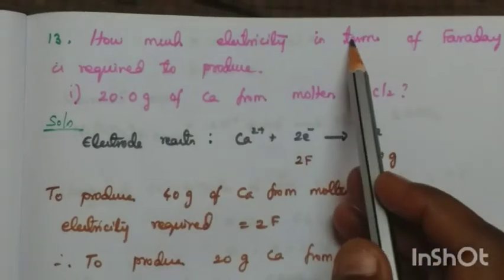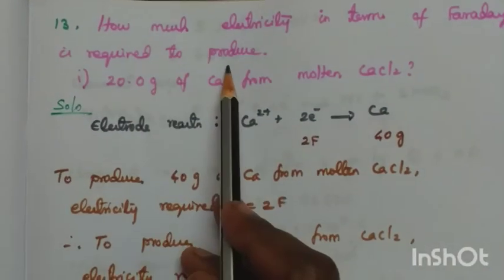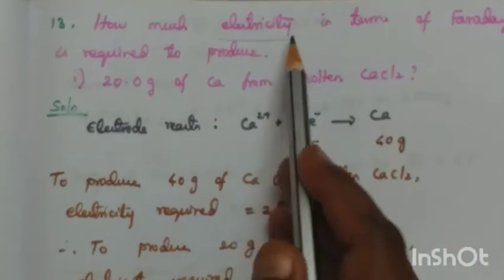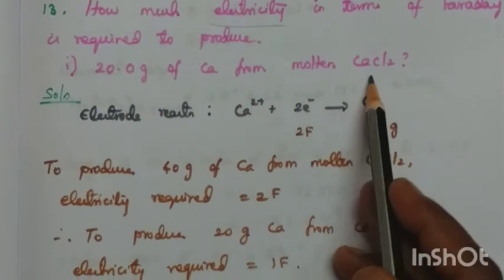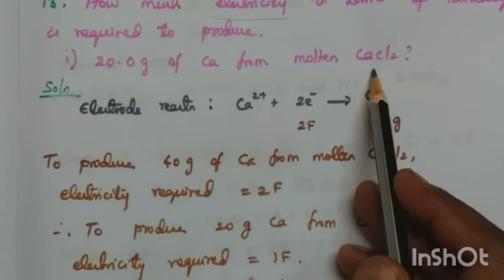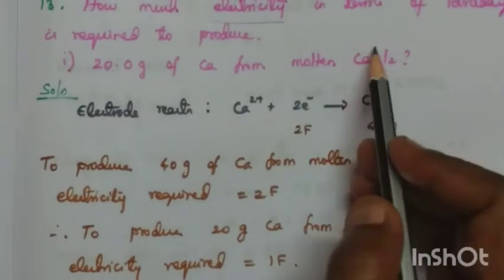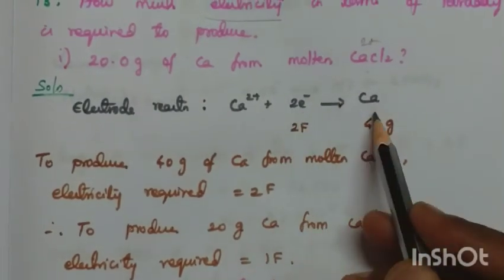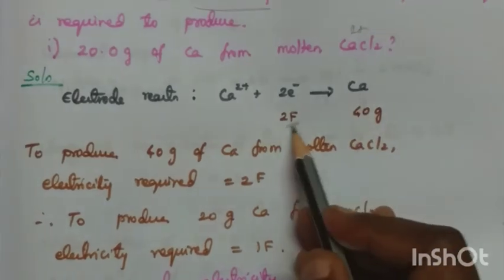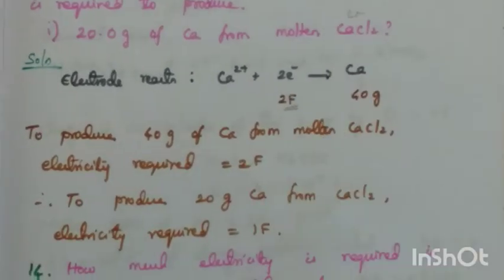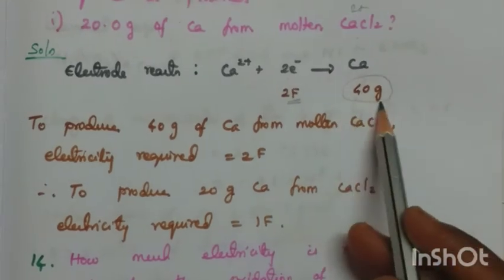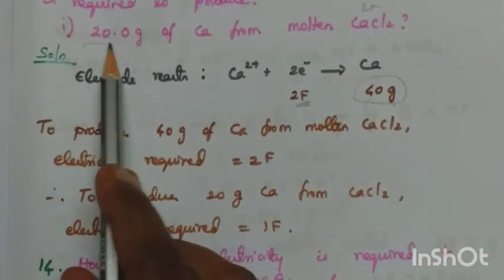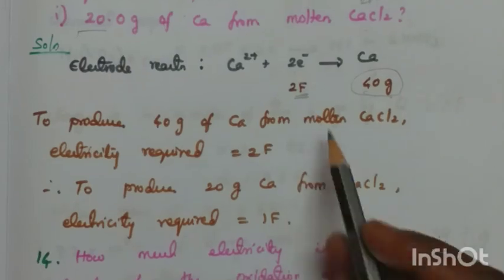How much electricity in terms of Faraday is required to produce 20 gram of calcium from molten calcium chloride? Here also we are going to calculate the Q. Calcium exists as Ca2+ ions, so Ca2+ is converted to Ca. How many Faraday? 2 electrons mean 2 Faraday. That means 2 Faraday is required to produce 40 gram, so for 20 gram, half, that is 1 Faraday.